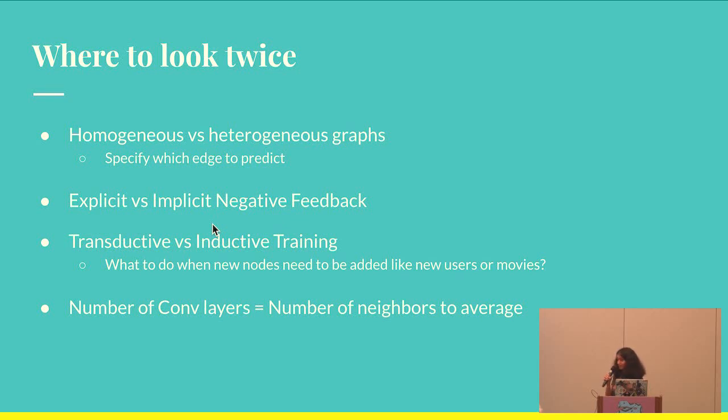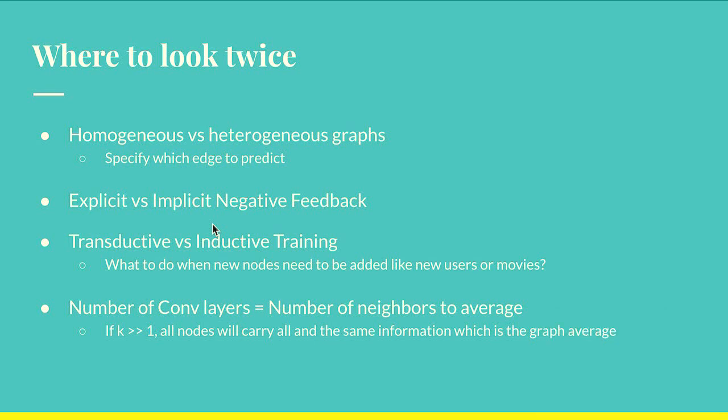And let's say your graph is really small, with very few nodes. In that case, you're basically asking every node to consider all the nodes in the graph, which dilutes the information in each node and can lead to very little discriminative power. So if you have a smaller graph, make sure not to use a lot of convolutional layers, which is very similar to how we think about overfitting in machine learning.